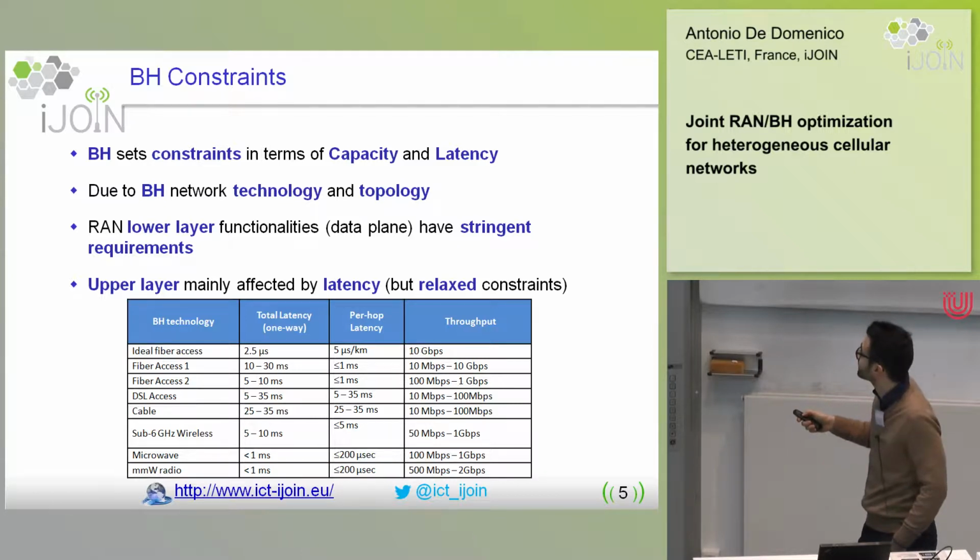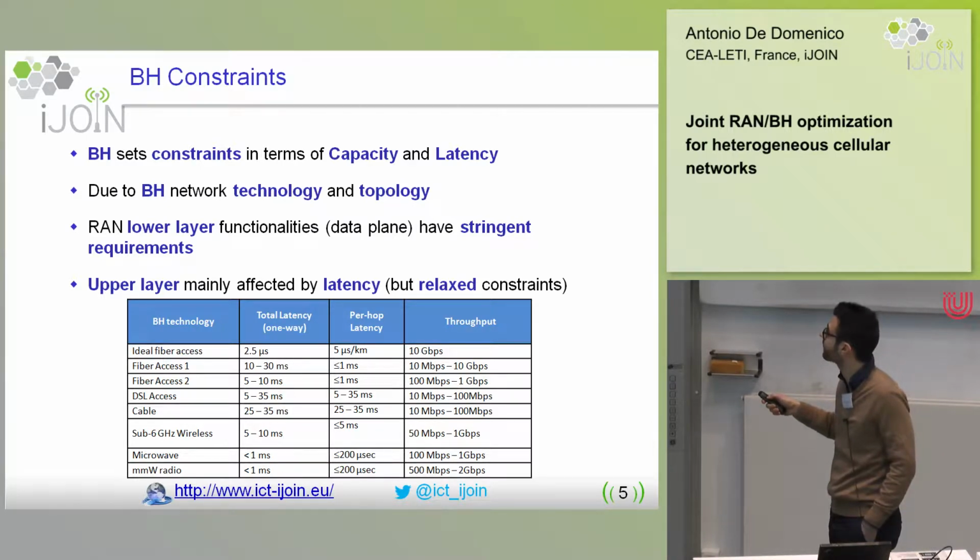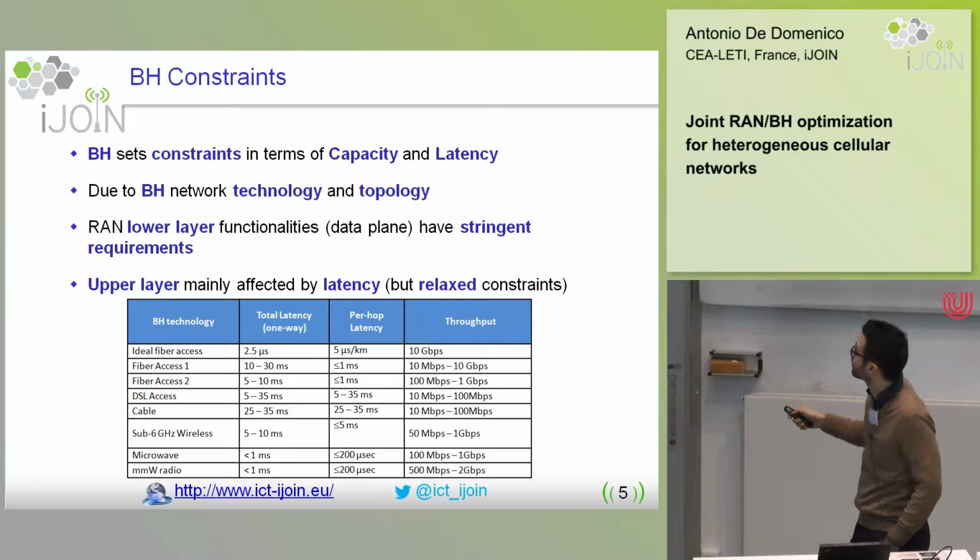So as Andreas has stressed before, you can see that there are some technologies that provide very quick connection. So latency is in the microseconds range, up to 35 milliseconds.